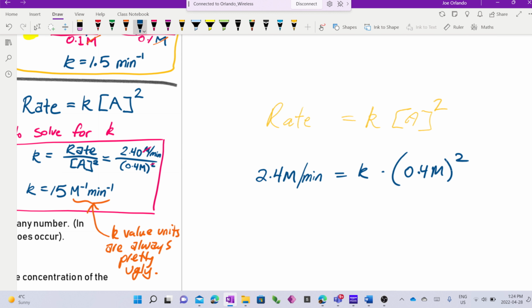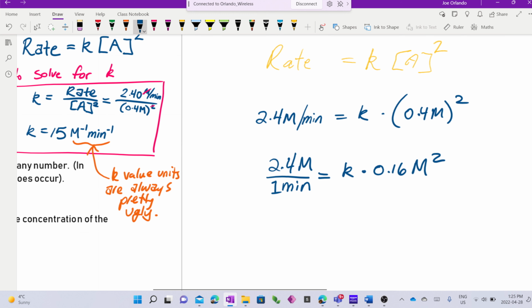Okay, bear with me here. Let's do this. We have 2.4 molar, and I'm going to put minutes on the bottom of this fraction so we can really see it, right? Equals K times 0.4 squared, which is 0.16 molar squared. Does that make sense?